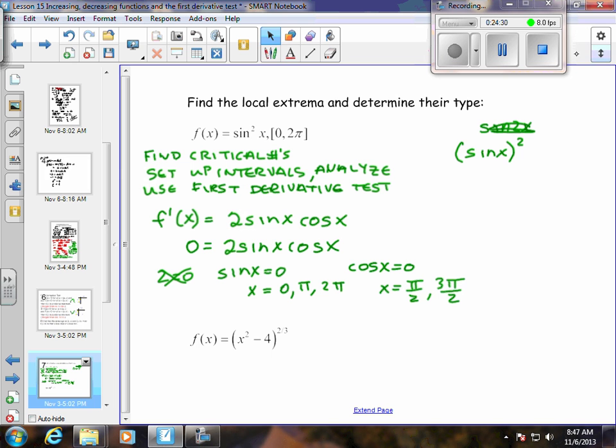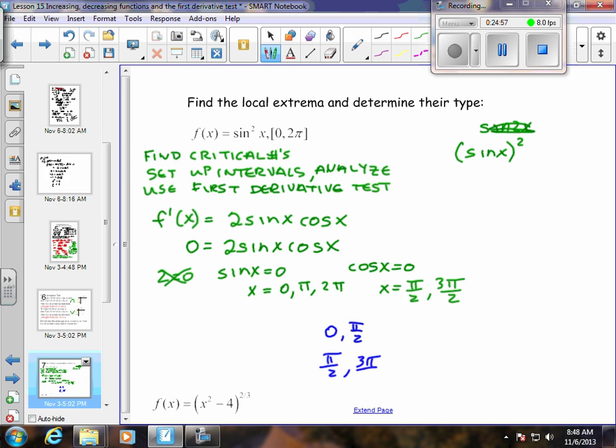Okay. So now I set up my intervals. And I was given a closed interval to work with, so I'm not going from negative infinity to positive infinity. That would be quite impossible with a trig function, wouldn't it? So we go from 0 to pi over 2, from pi over 2 to 3 pi over 2, from 3 pi over 2. Oh, I left out pi.